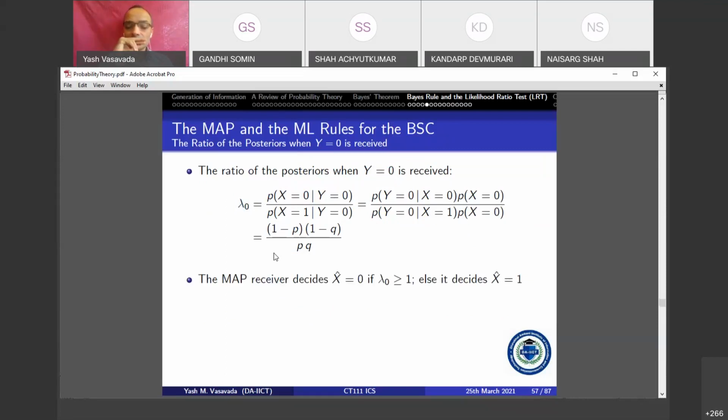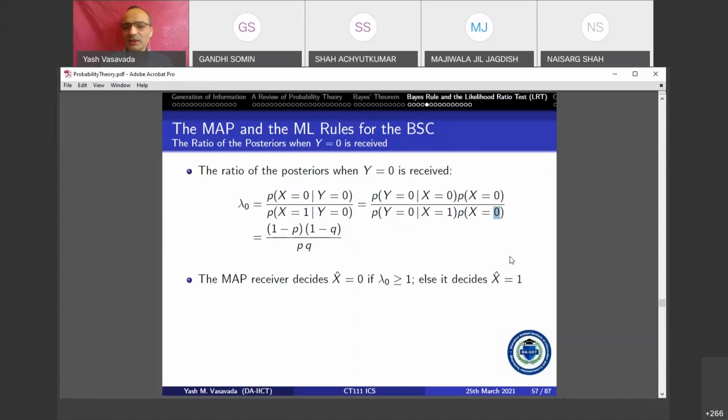Sir, hello. Yeah, so in the denominator, it should be p of x equals to 1 now. Yeah, it is probability x equals to 1, prior. Thank you.